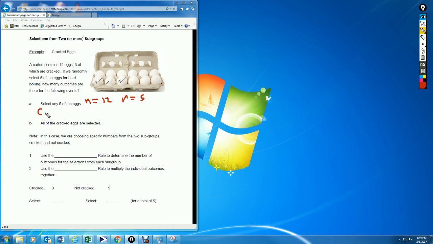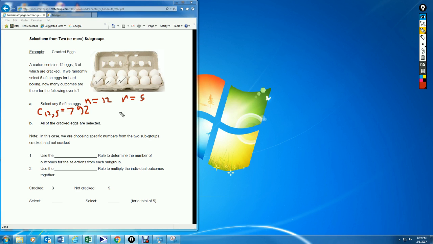It's a combination of 12 items taken 5 at a time. So just do that on your calculator. How many different ways are there to do a combination of 12 objects chosen 5 at a time? If you've done it on your calculator, you should find that the answer is 792.